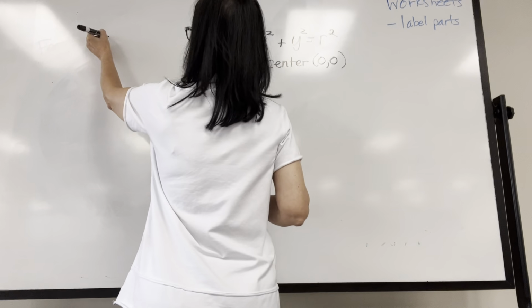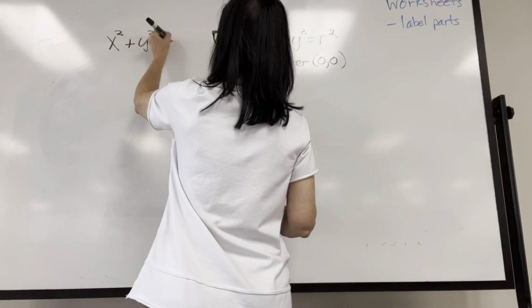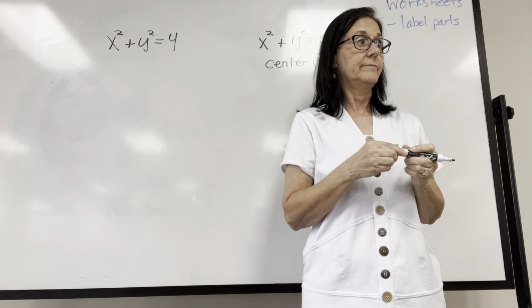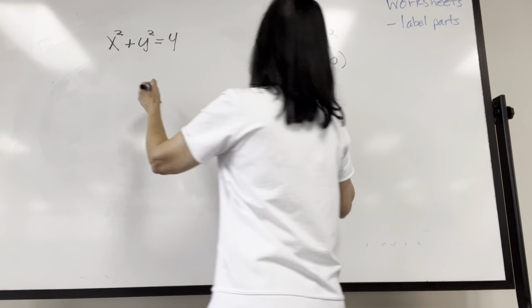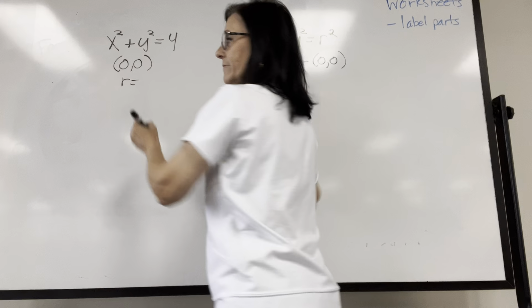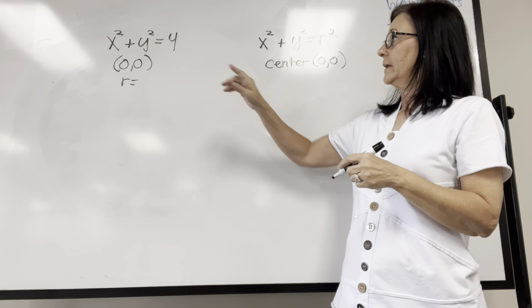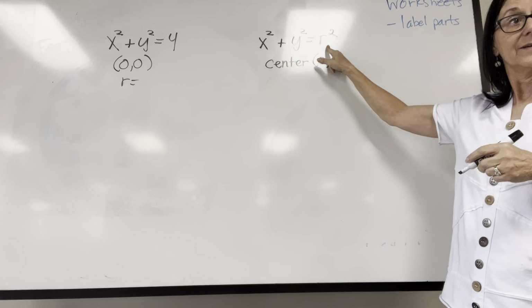All right, so if I gave you the equation x squared plus y squared equals 4, where's the center of the circle? At 0, 0. And what's the radius of the circle? This is what? The radius squared. 2.